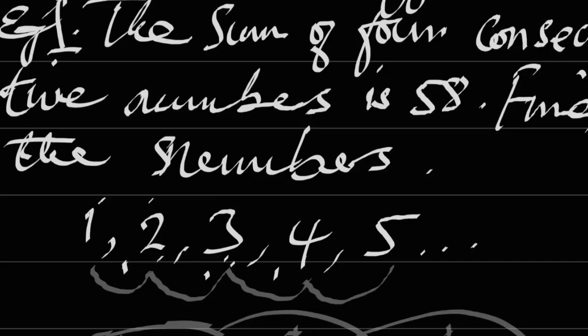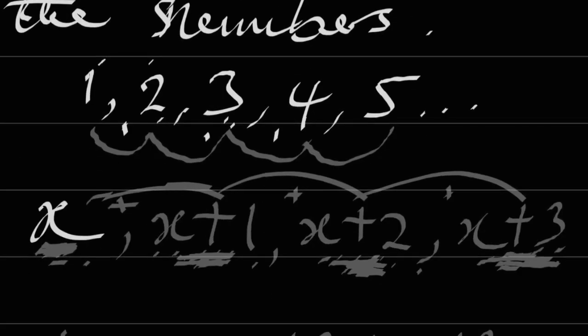Since we don't know the 4 numbers, but their sum is 58, we have to place an assumption. We'll place the assumption that the first number is x. That's the first assumption. Assume that the first number is what? x. The second one will be x plus 1.